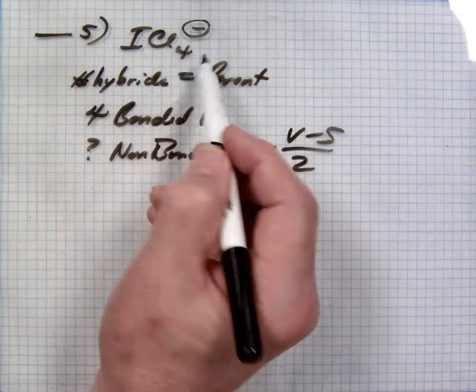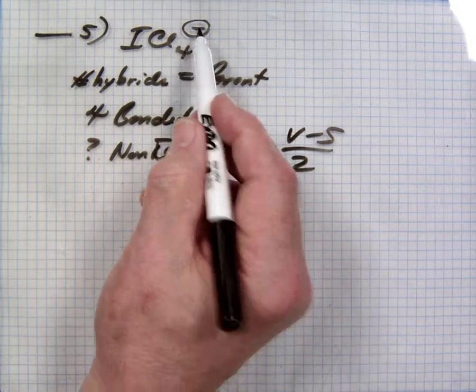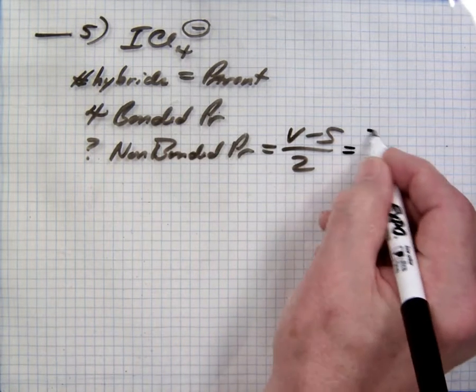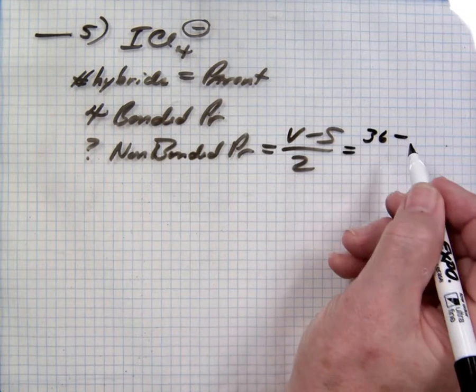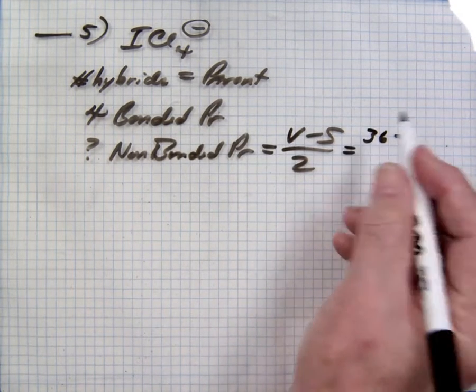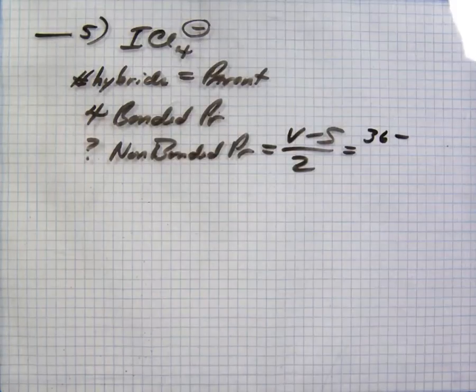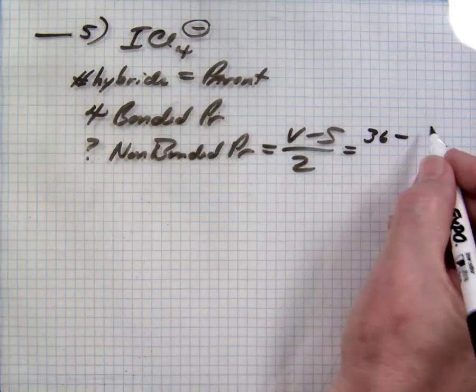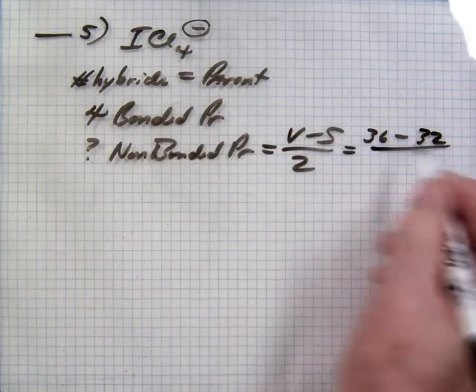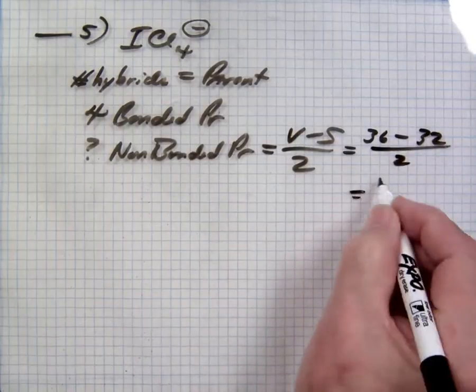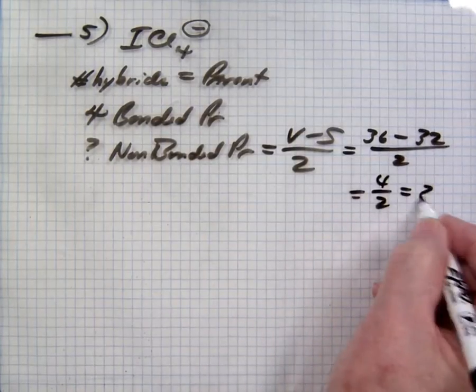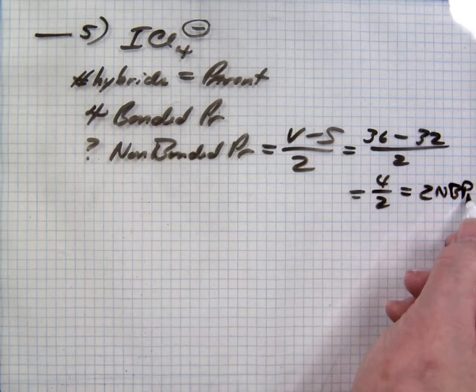So 7 times 5 is 35 plus 1, 36 is our valence number. Everybody kind of catch that all right? Okay. Substrate, you don't add or subtract valence. It is 4 times 8 is 32, and so divided by 2, and that's 4 over 2, or 2 non-bonded pairs.